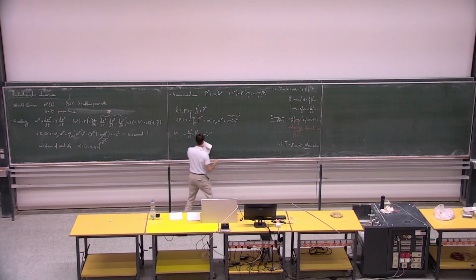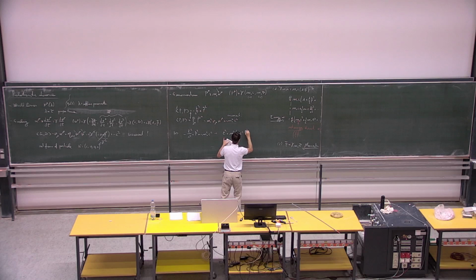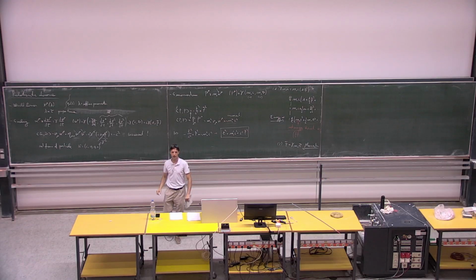We have an expression for the energy. From this guy, we can basically get E squared equal to (m0 c squared) squared plus c squared p squared. We have the full energy of the particle, with its kinetic term due to the momentum.